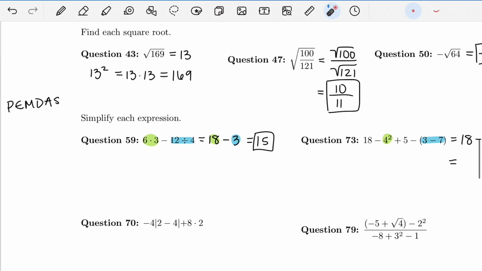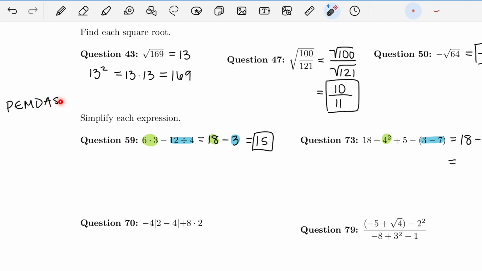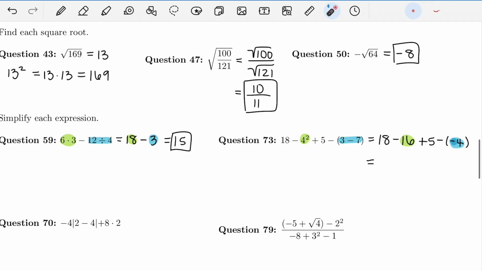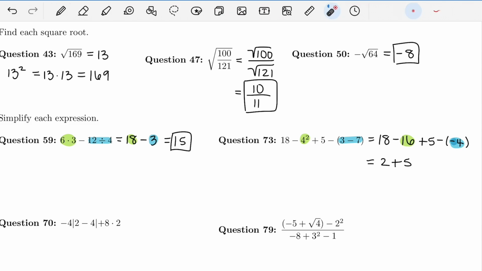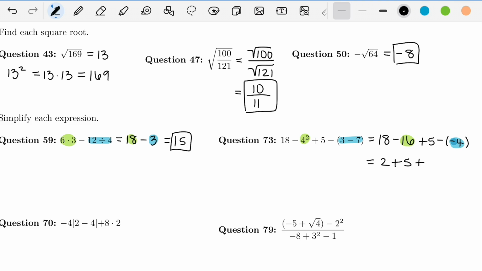So although in PEMDAS, like I said, we have this addition before subtraction, we're really just going to do it in the order that it occurs from left to right. So we can do this 18 minus 16 first. 18 minus 16 gives us 2. Then we have this plus 5. And then here, we have a minus negative 4. This minus and this negative here undo each other, so this becomes a positive 4. Now 2 plus 5 plus 4 gives us 11, and that is our final answer.